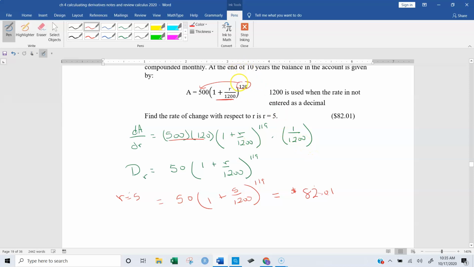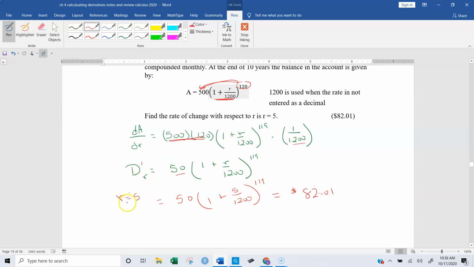Let's try it again. Power times coefficient. Leave your u alone, don't rewrite it, and reduce your power by 1. Times the derivative of the inside, or the derivative of u, which is 1 over 1200. When you do that math, 500 times 120 divided by 1200 is 50. So this is my derivative of R.